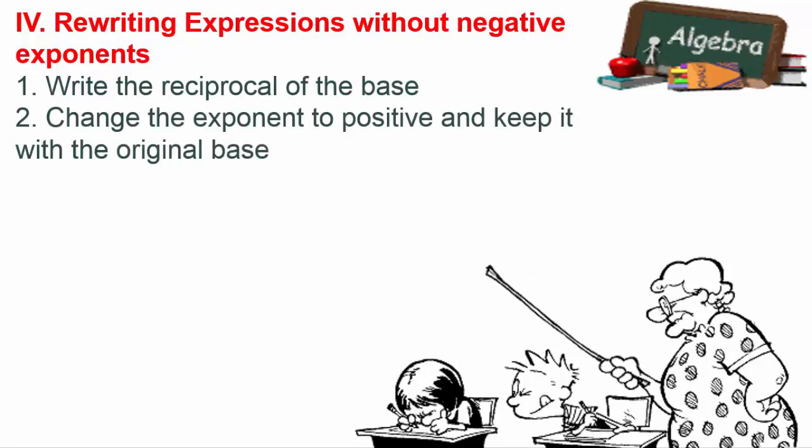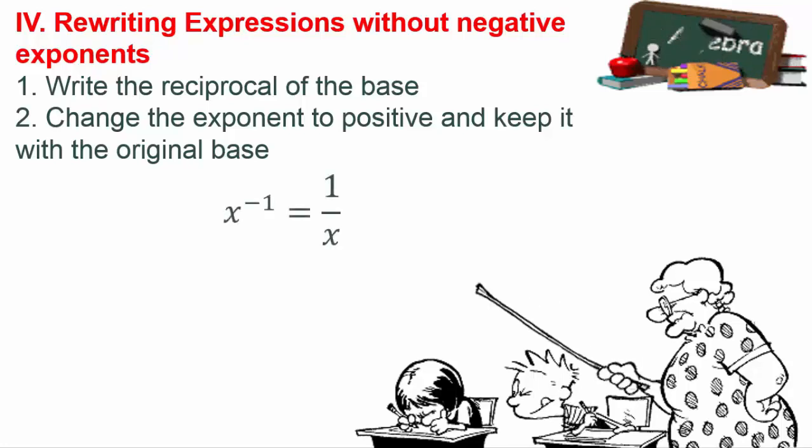The first thing we do is write the reciprocal of the base and then change the exponent to a positive to keep it with the original base. Now, of course, one may ask, what does this mean? Well, this is what it means. If you have a negative exponent, essentially it's 1 over the base to the positive power.